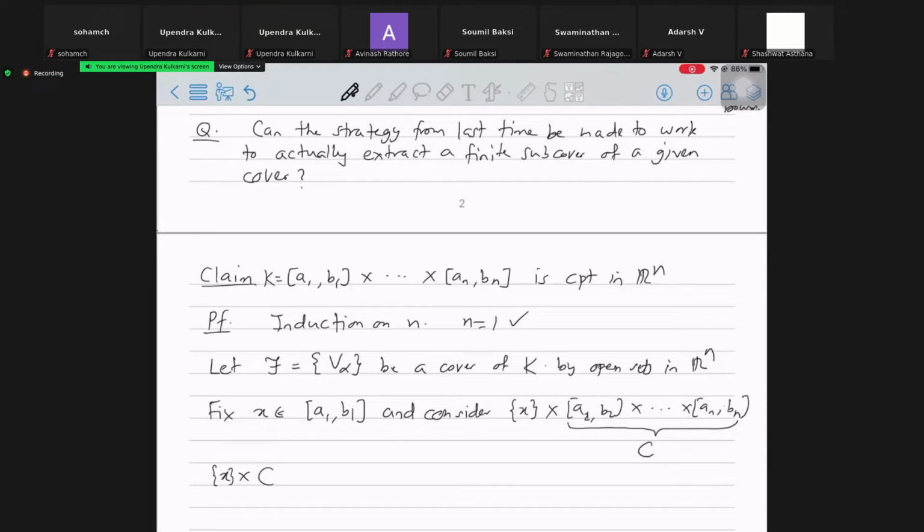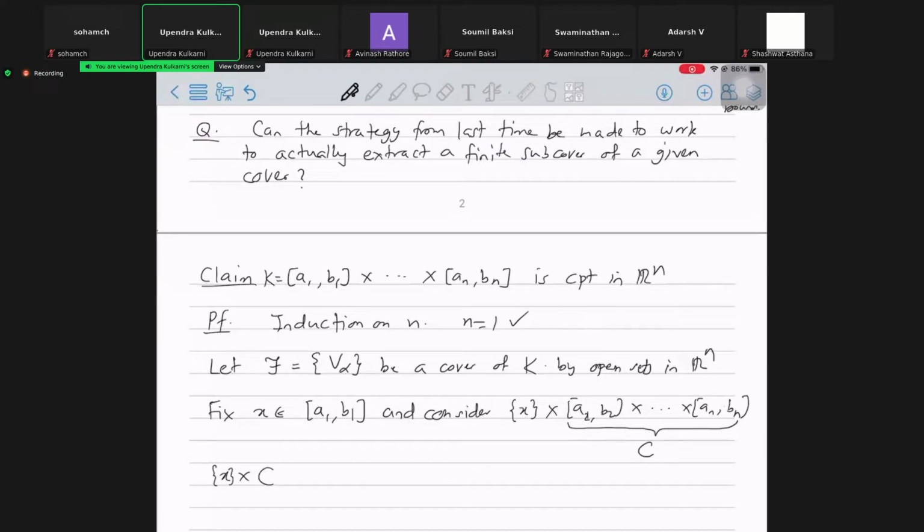And by induction, I can say that C is compact. But does it say that X cross C is compact? I think we can continuously embed X cross C into C. Sorry, the other way around: we could show that there's a continuous map from C to X cross C. And since C is compact, X cross C must be compact.